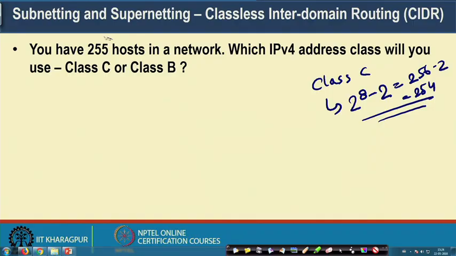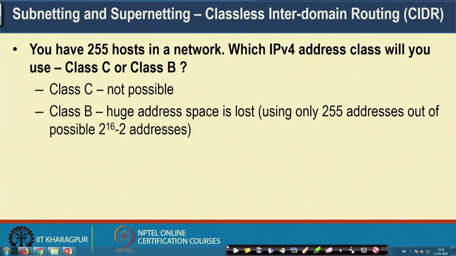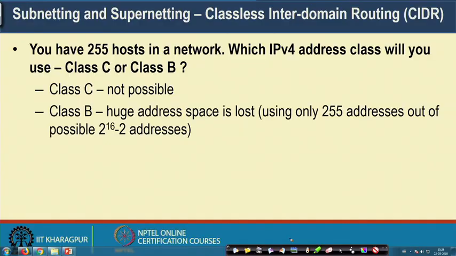So, you have 254 valid hosts in a class C IP address, and you want to support 255 hosts. Obviously, we will not be able to support that with a class C IP address. But if you use a class B IP address, you can support 2 to the power 16 minus 2 different hosts, but here you are just using 255 addresses out of the possible 2 to the power 16 minus 2 addresses.